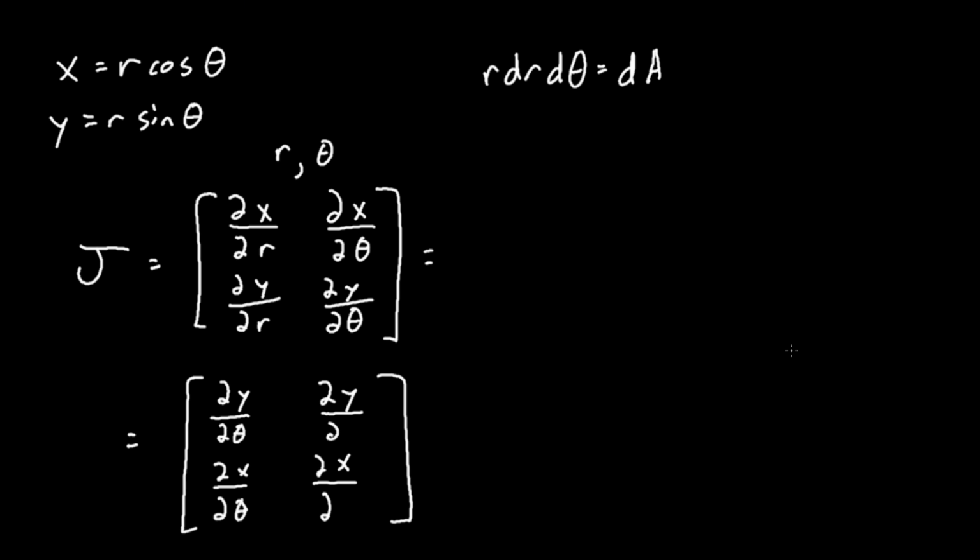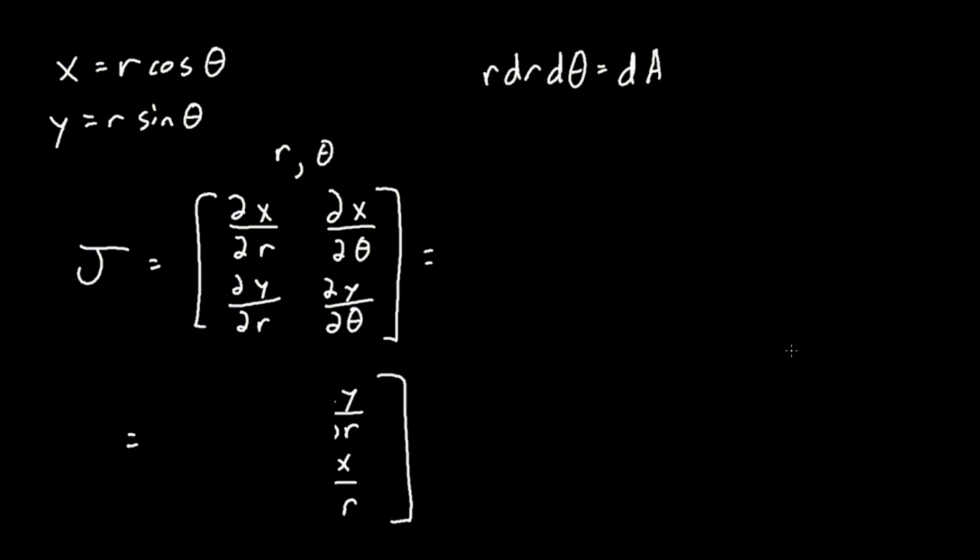So you can actually put theta here into this Jacobian matrix as well. But as long as your rows are specifically designated to one of your original variables, and your columns are designated to one of your new variables, your Jacobian matrix is fine.